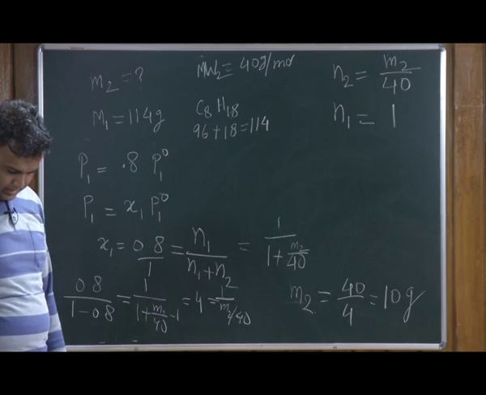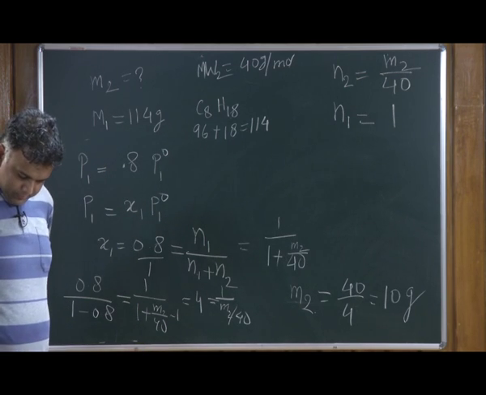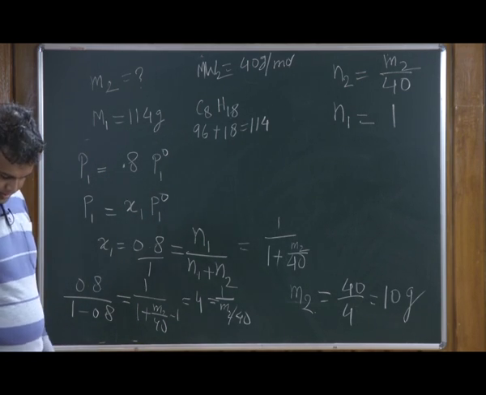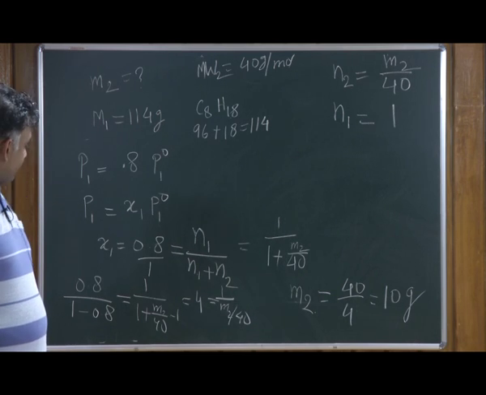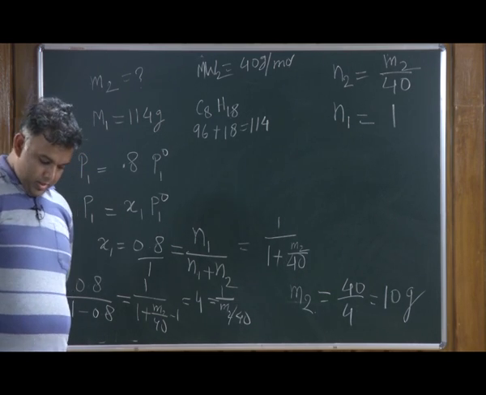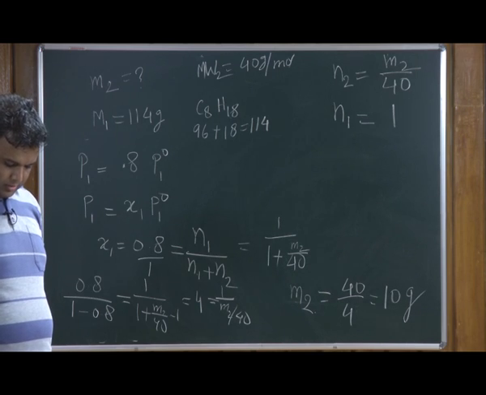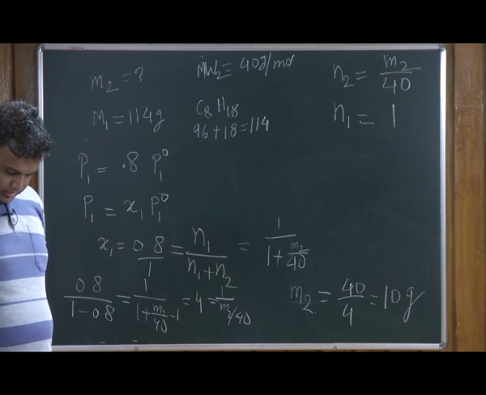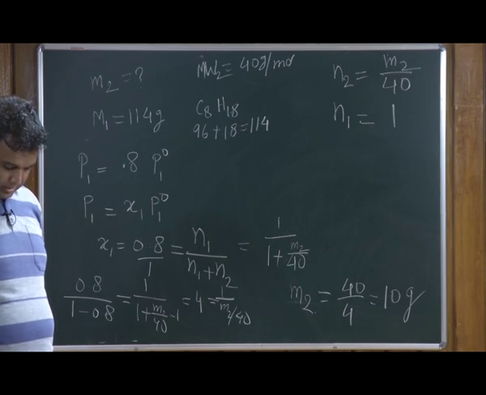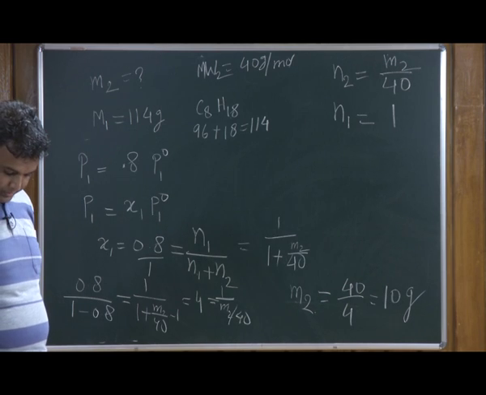Okay. Let us discuss one last problem for this section. Okay. 2.19, the next problem. A solution containing 30 gram of non-volatile solute and exactly 90 gram of water has a vapor pressure of 2.8 kilopascal at 298 Kelvin.